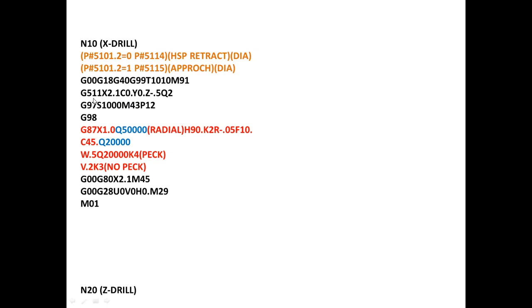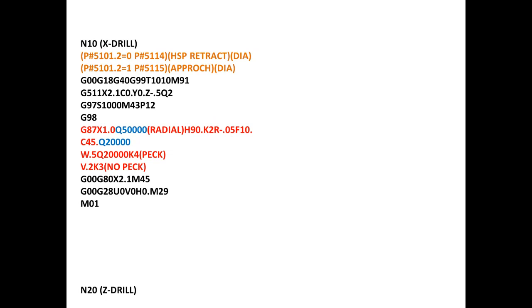Our current position at the G511 is X 2.1, so 2-inch, 100,000 approach. And if we call R minus 0.05, this is also a radial value. All Fanuc programming is pretty much radial value. So 2.1 and then minus 50,000 radius means 100,000 radius.